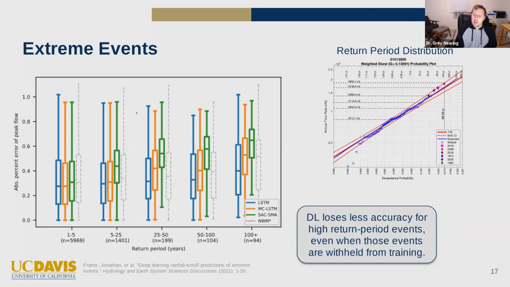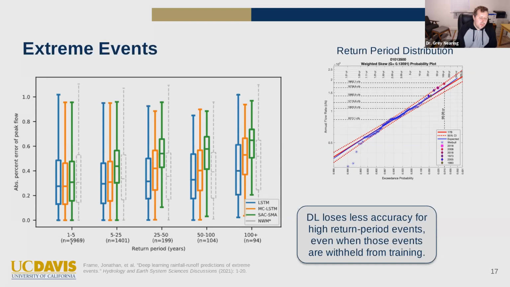We looked at the return period of all of the data in the CAMELS data set, the 531 basins that we've been looking at. We found the return period of every basin year, every year of data from every basin in the data set. We divided our training sample up, so we took all the years' worth of data with return periods of less than 5 years, so 1 to 5 years.